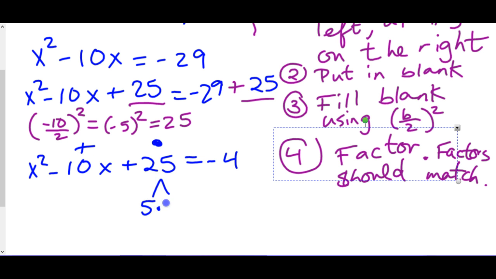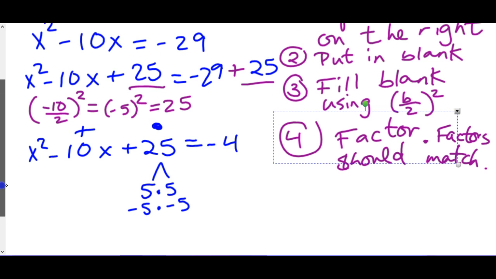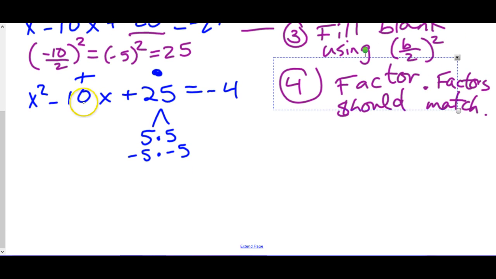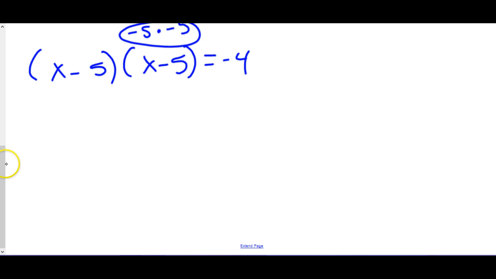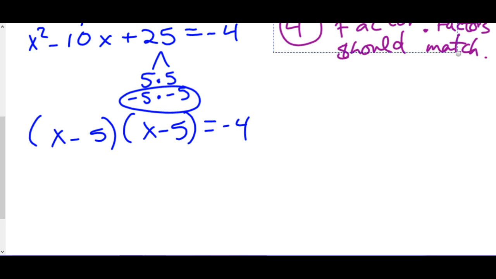Well, 25 can be 5 times 5 or negative 5 times negative 5. We want a negative 10, so it's got to be our negative options. So we get x minus 5 times x minus 5 equals negative 4. Since we have two of the same thing, now we rewrite as what's called a perfect square binomial.